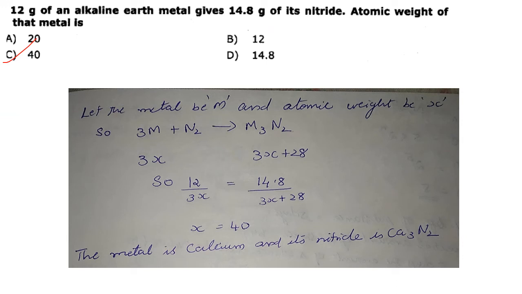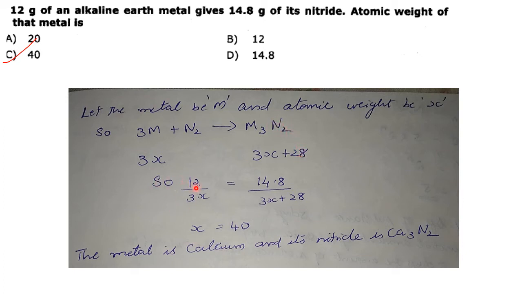Then next question. 12 gram of alkaline earth metal gives 14.8 gram of its nitride. Atomic weight of that metal is. So let the metal be M and atomic weight be X. So 3M plus N2 give M3N2. So 3X plus, we know the molecular weight of N2 as 28.